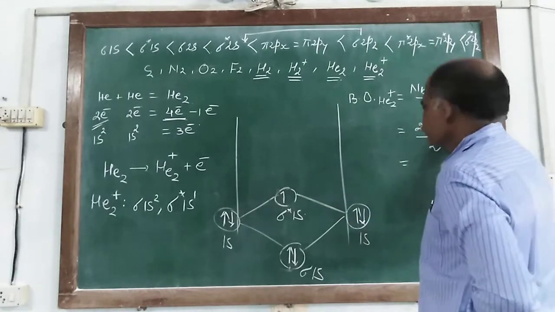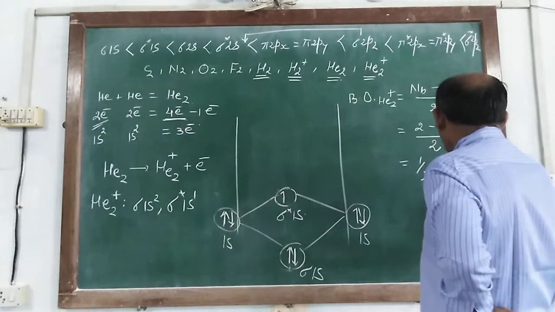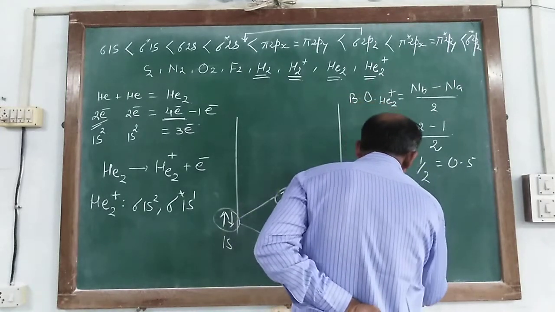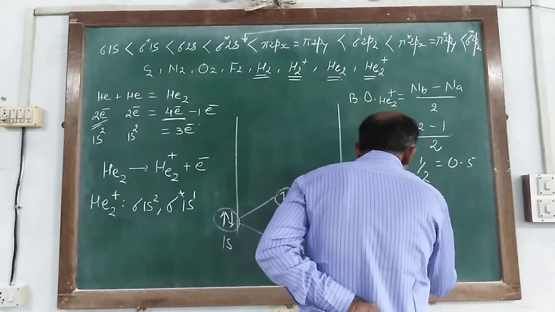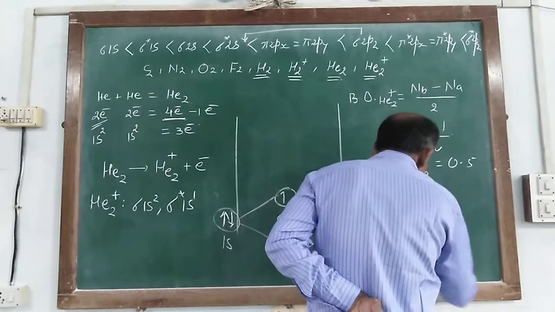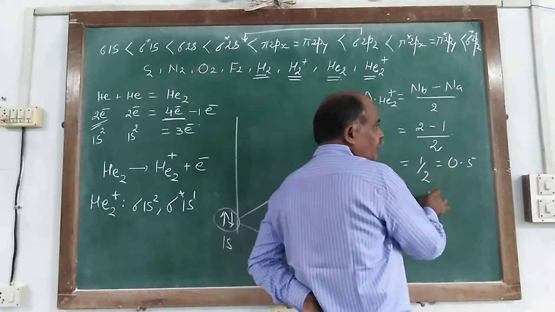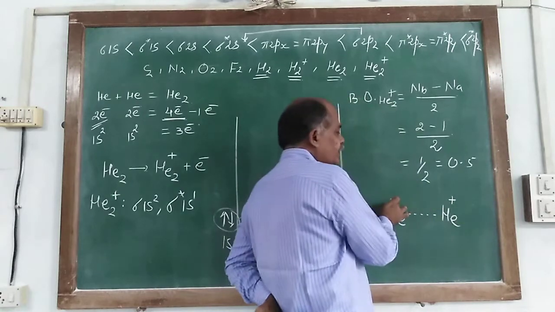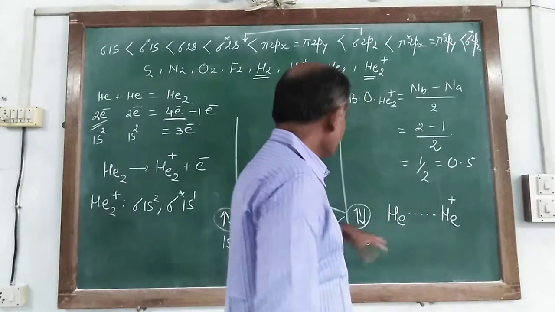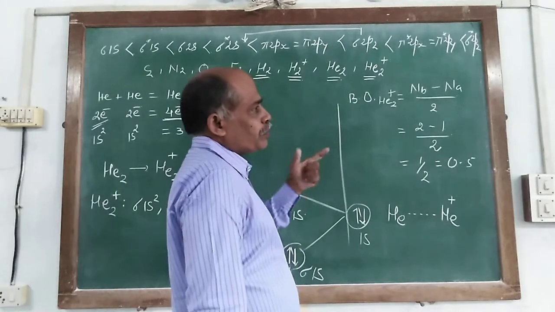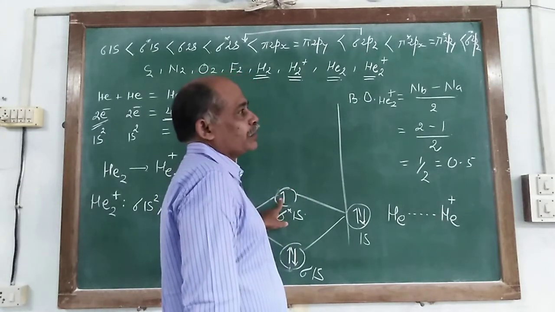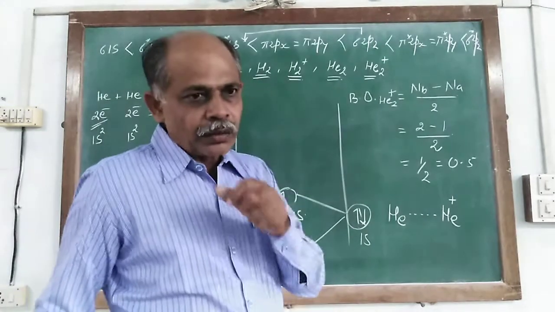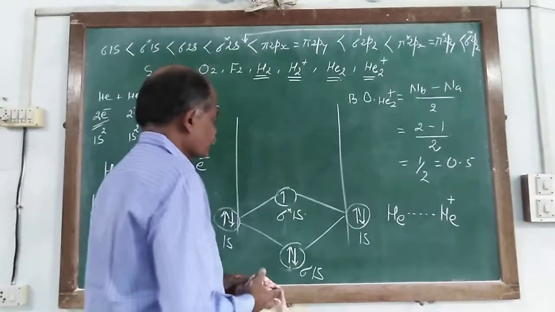So 2 minus 1, 1 by 2 or 0.5. So in the He2 plus ion, the atoms are linked by a half or 0.5 bond, and it carries a positive charge. According to magnetic properties, there is one unpaired electron present in the molecular orbital, so it possesses paramagnetic properties.